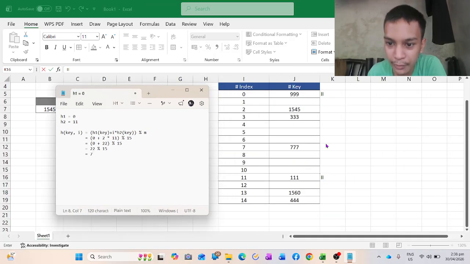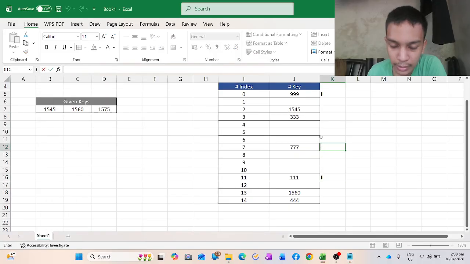And as you can see, 7 already has data, so there's going to be another collision.